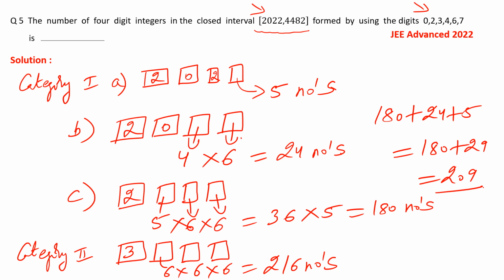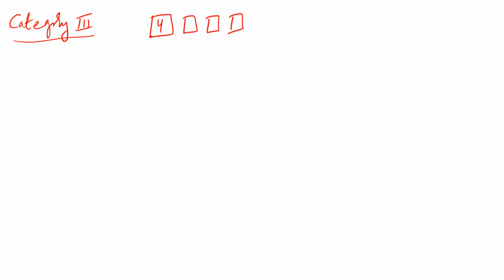Fine. Now we move to the last category where the first digit is going to be 4. Now students, this is the last category of numbers. It is that category in which the first digit will be 4. Now in this particular category, the second digit can either be filled by 0, by 2, by 3 or at most by 4.